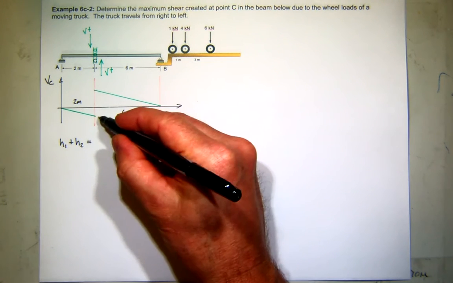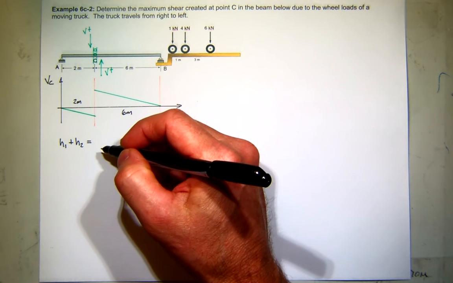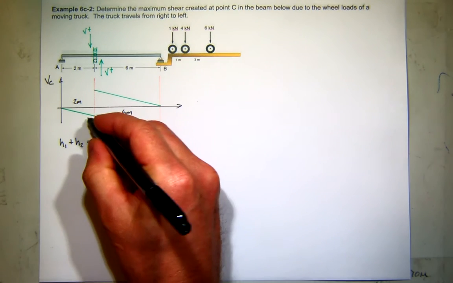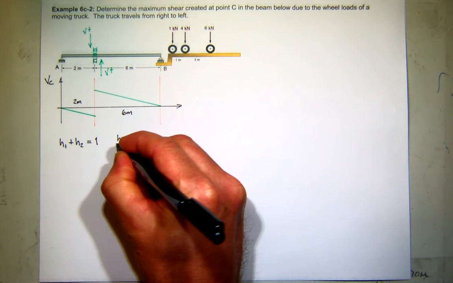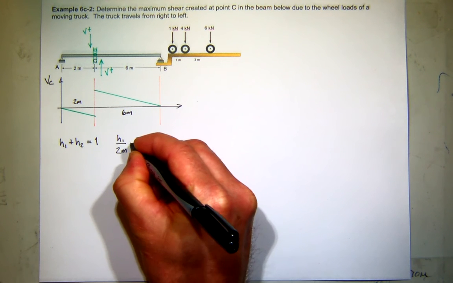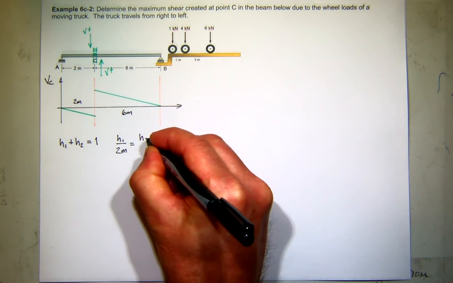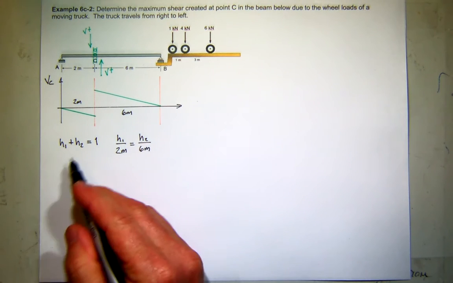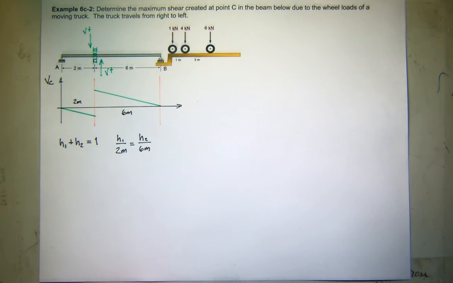If I add these two numbers together, what do I get? 1. So there's one equation. My second equation is that H1 is to 2 meters as H2 is to 6 meters. So really I have 2 equations and 2 unknowns. Everybody see that?